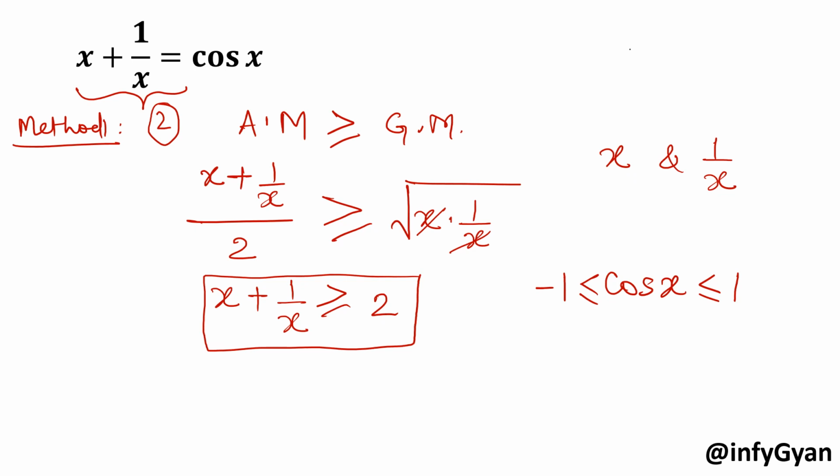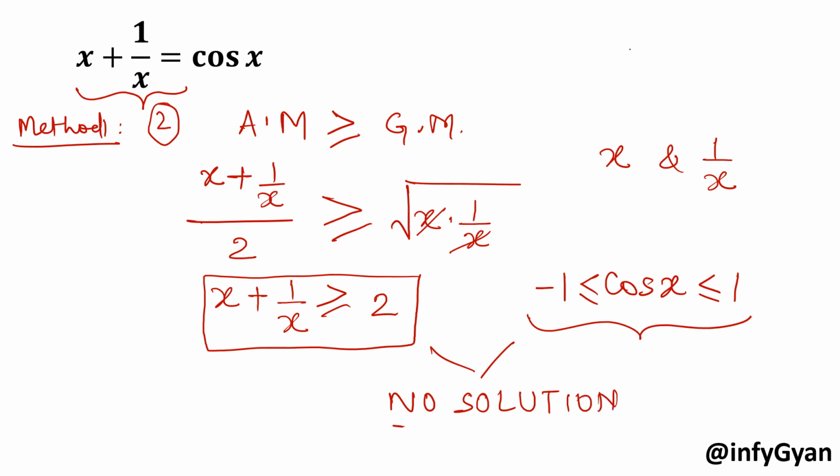So the right side lies between minus 1 and 1. The left side is 2 or more than 2. So no intersection, because the right side has values from minus 1 to 1 and the left side's minimum value is 2. So no solution will come out. No solution.